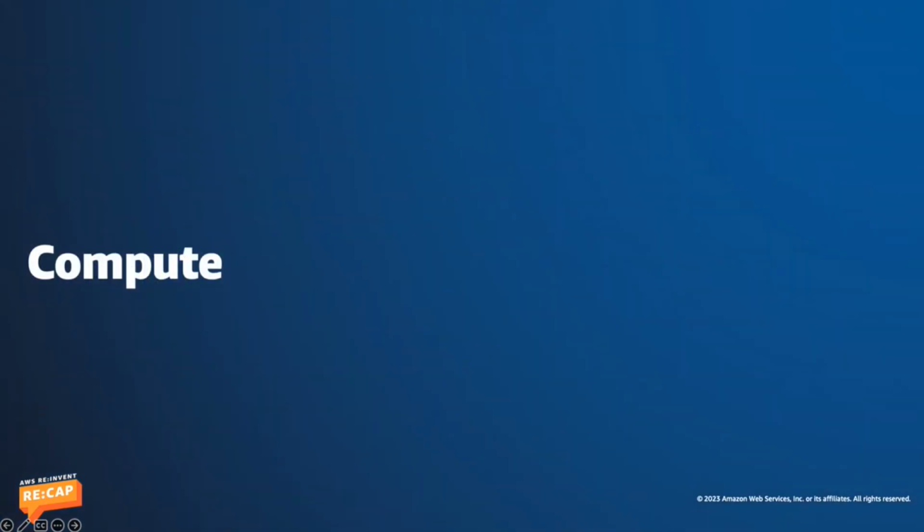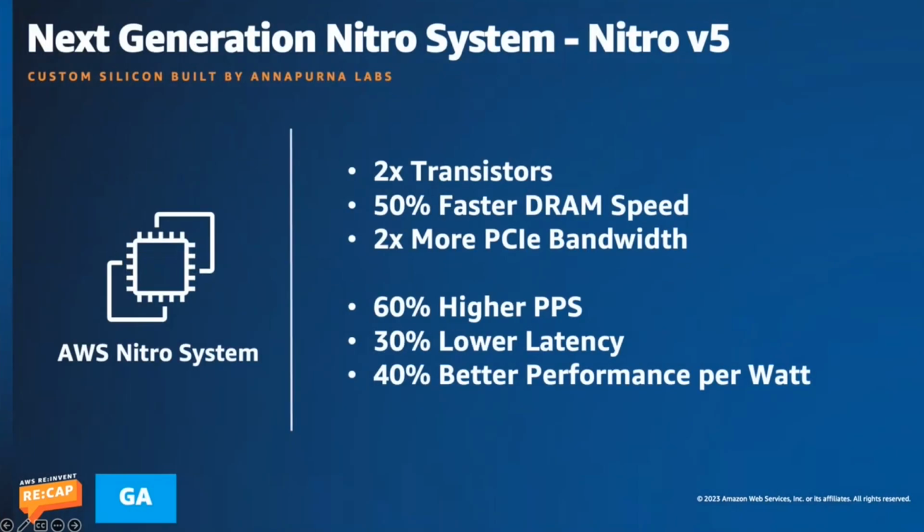When it comes to compute, we have, of course, made some progress on the overall Nitro system. So we now have this Nitro V5, which has 2 times more transistors, 50% faster DRAM speed, and 2 times more PCIe bandwidth, which results in 60% higher PPS, 30% lower latency, and 40% better performance per watt.